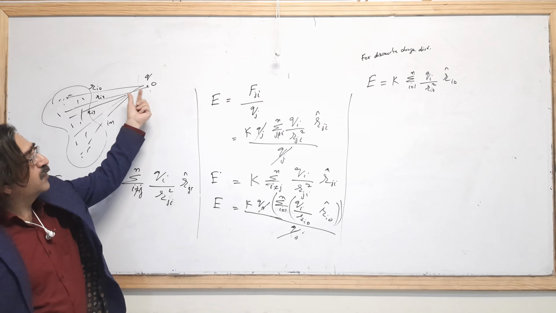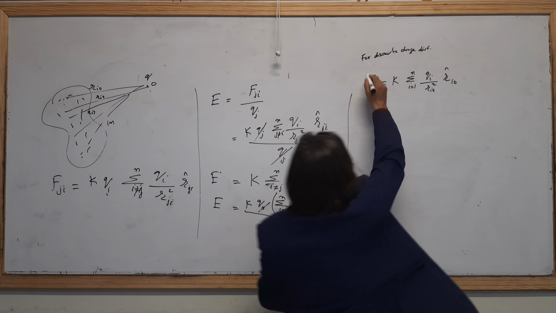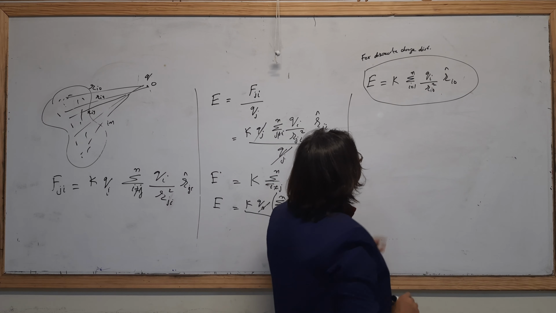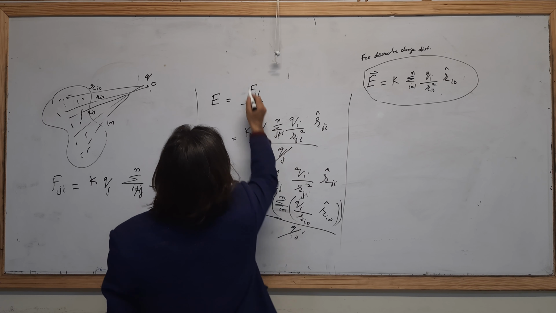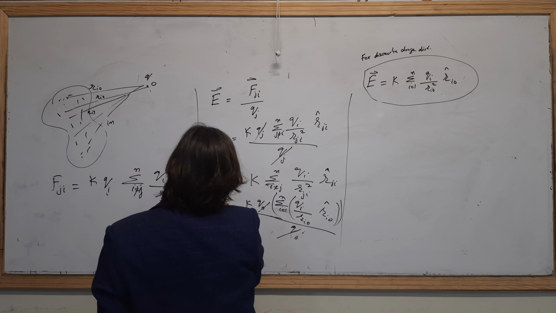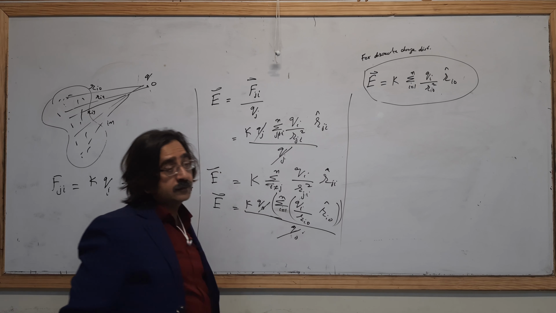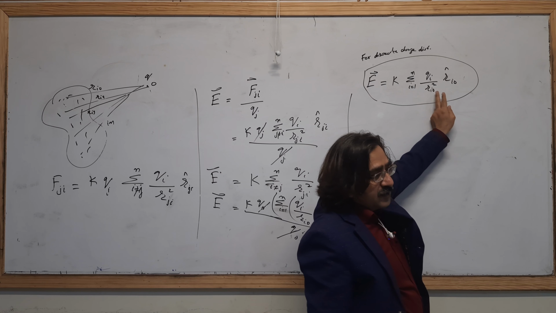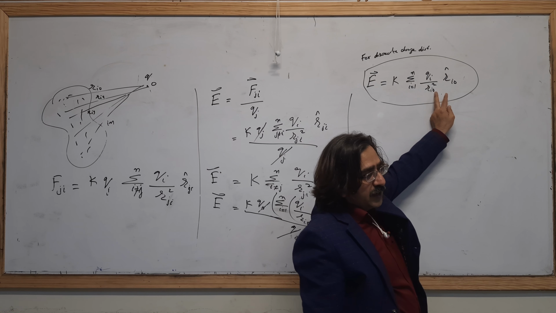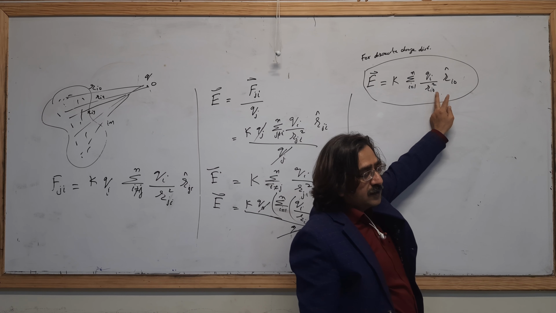So from this expression we may say that electric field intensity is a vector quantity, because we are considering vectors. The test charge is the one on which we are finding the force due to that charge.